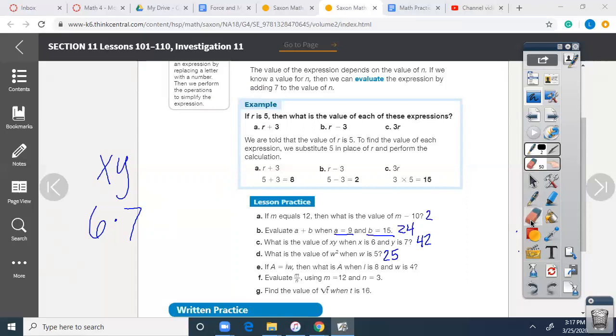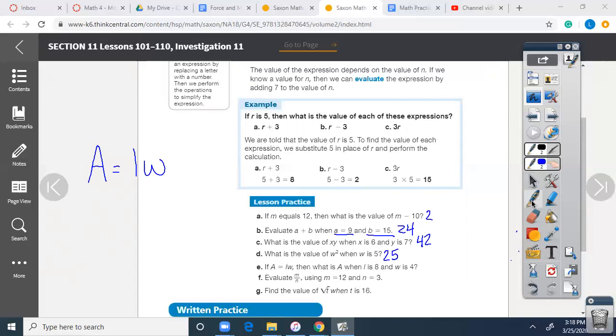Okay, all right. This one is a little bit trickier. We will write this one out on the side. If A equals LW, this is actually a real formula that you've probably seen before. Area of a rectangle means length times width.